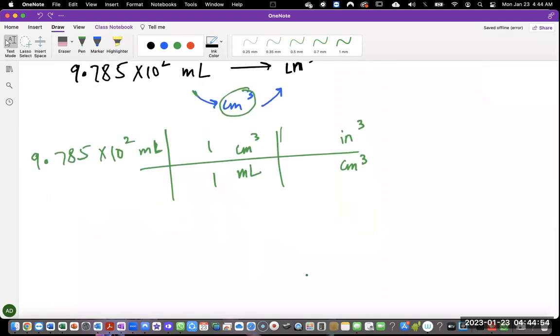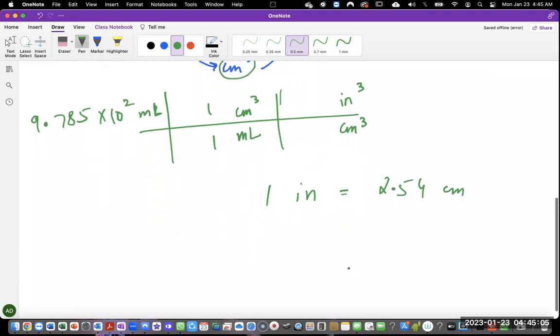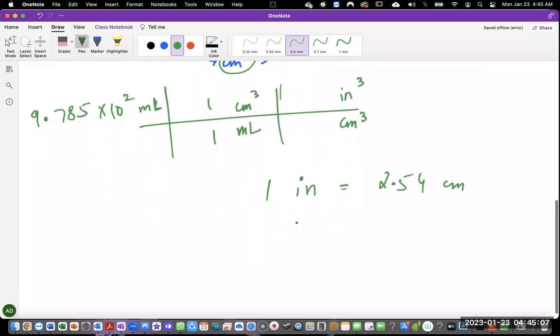It's as simple as that. So if you know that 1 inch is 2.54 centimeters, so if this is given to you already, then if I cube the inches, then this 1 needs to be cubed as well. If the centimeter cube is cubed, then this 2.54 needs to be cubed as well.